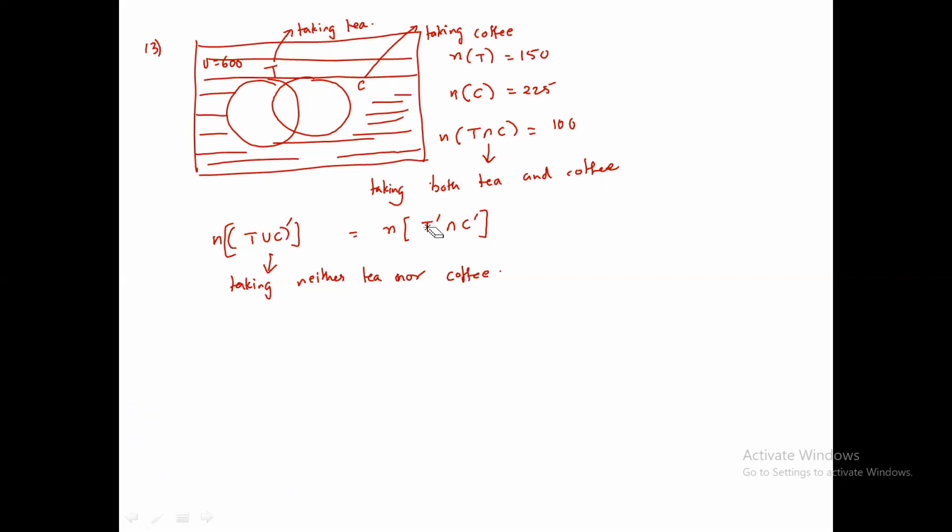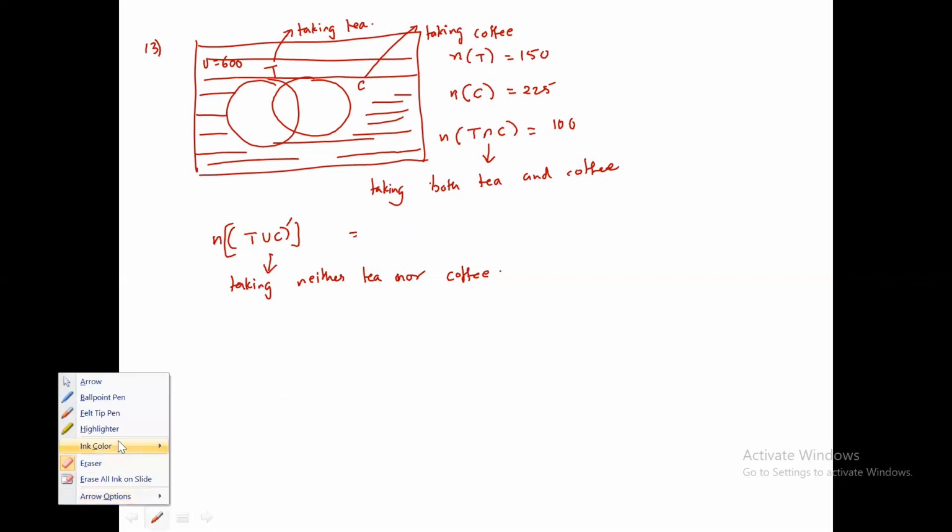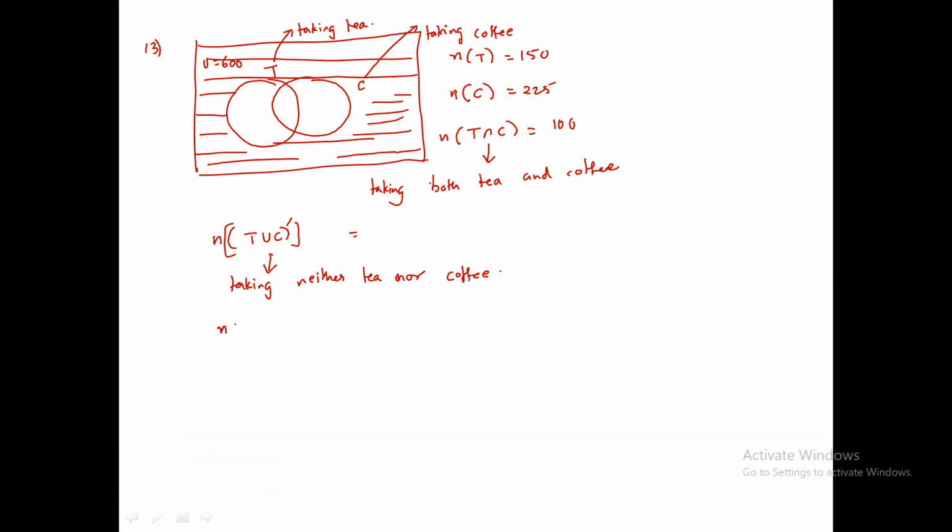So what we will do is first find N of T union C; the complement we will find afterwards. N of T plus N of C minus N of T intersection C. N of T is 150, N of C is 225, minus 100.